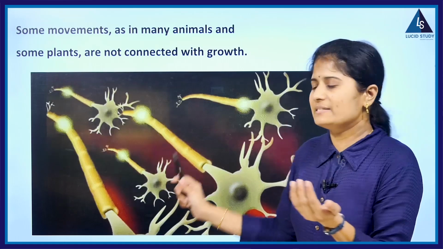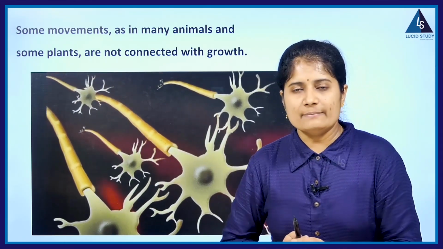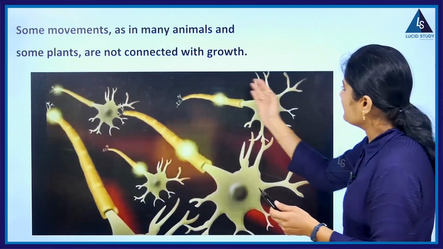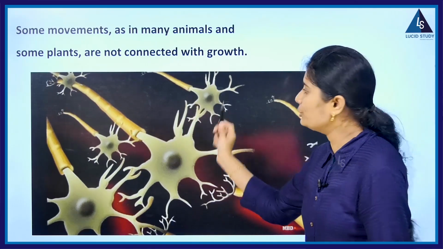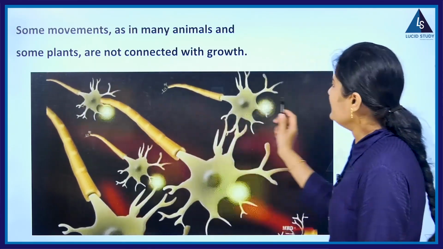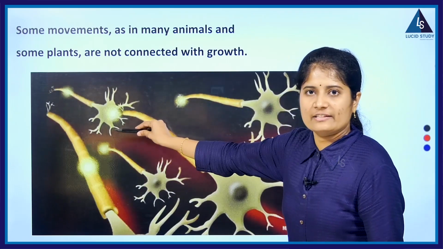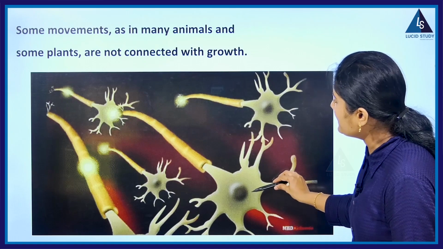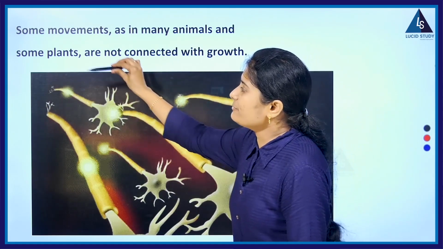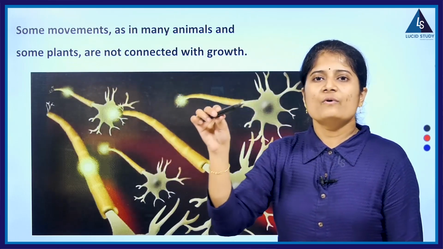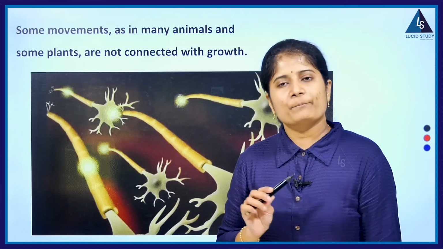It is because of a mechanism in the organism's nervous system, where nerve cells pass signals from one part to another nerve cell. The nerve cells are connected to each other, so the signal received by the first nerve cell is transferred to the second nerve cell, and in this way the mechanism functions and coordinates properly.